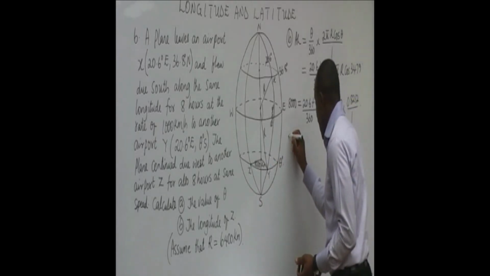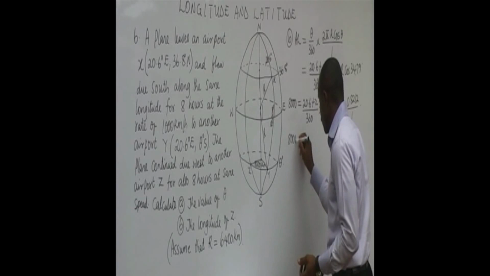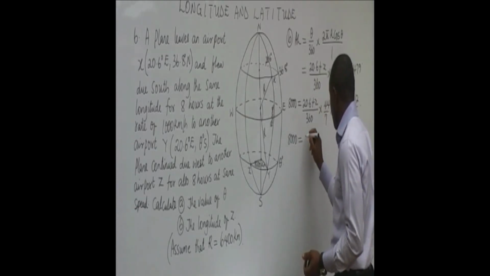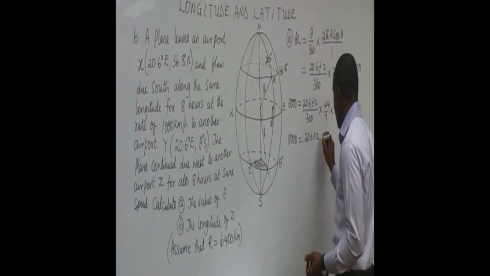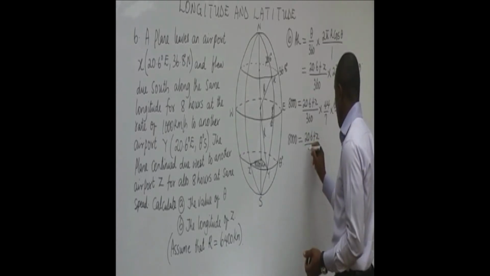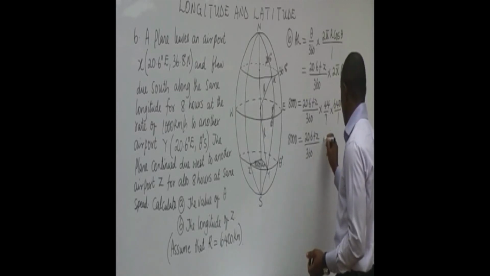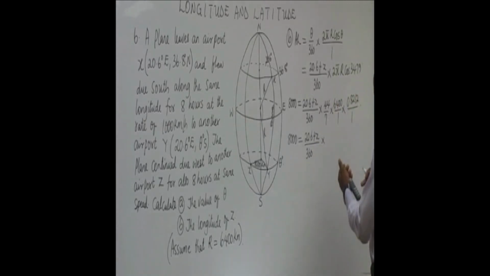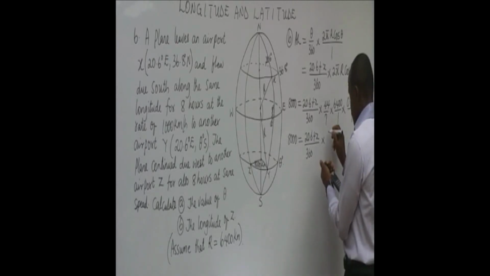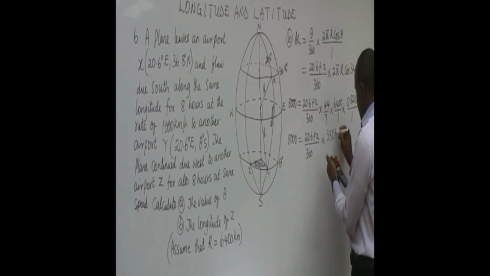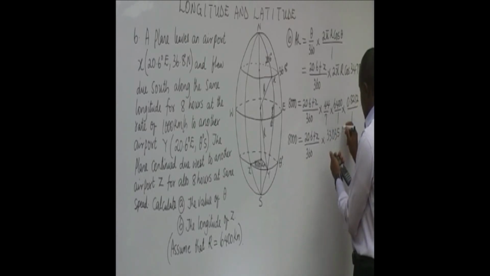So let's continue. We have 8,000 is equal to 20.6 plus Z all over 360 times, let's multiply out what we have here. So we're having 33,035.7 in one decimal place.